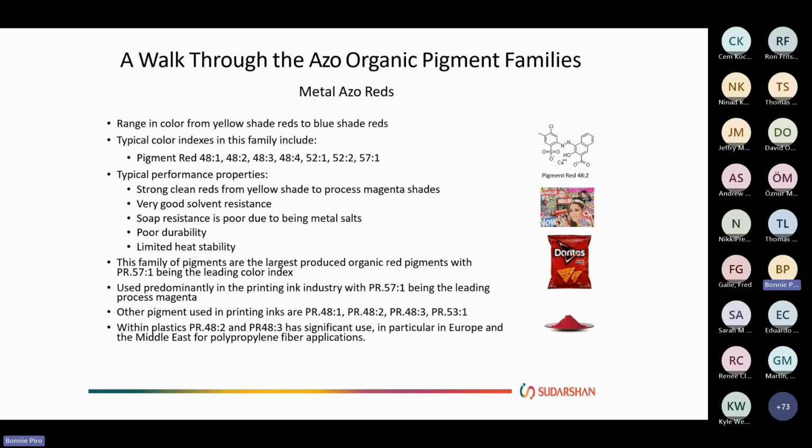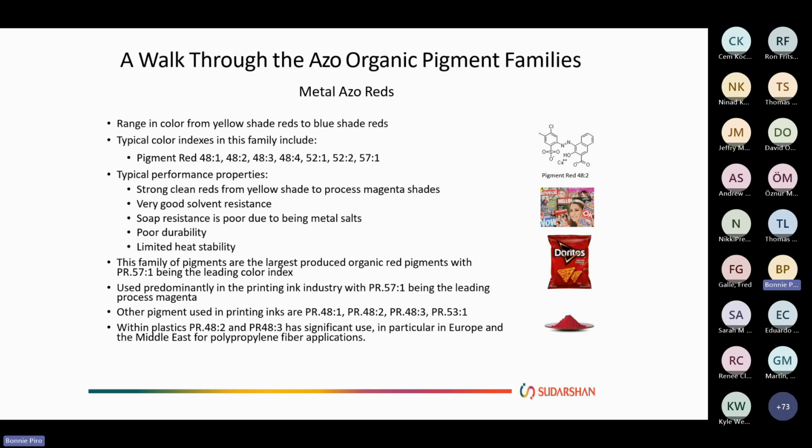Metal azo reds. This is a big class of pigments, primarily in inks and in plastics. These tend to spread the color space from yellow shade red to blue shade red. They tend to have very clean red and good solvent resistance. Durability is certainly not as high as some of the high performance pigments, but they are more economical.